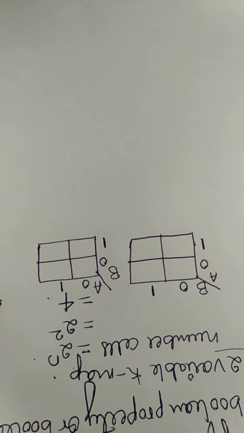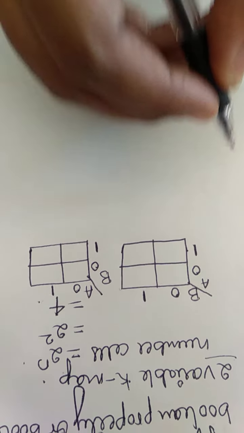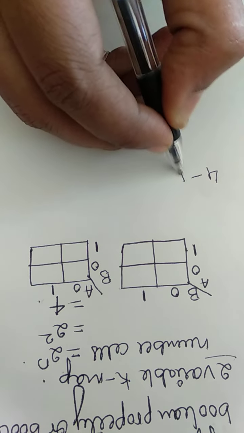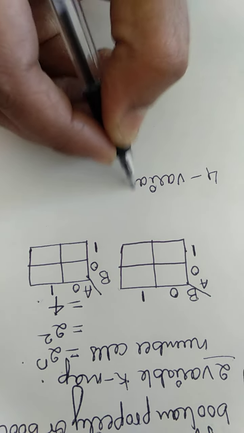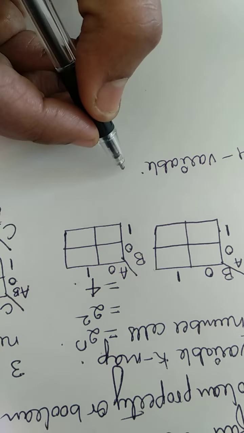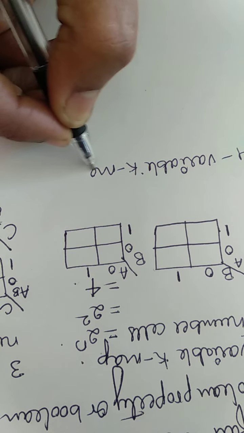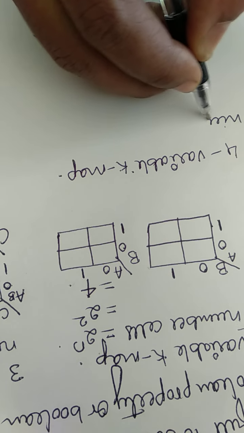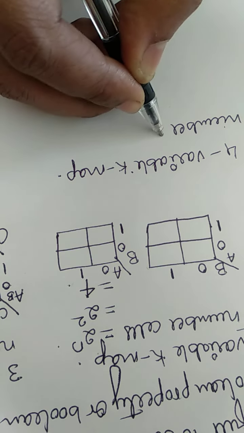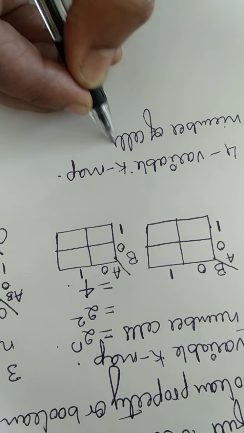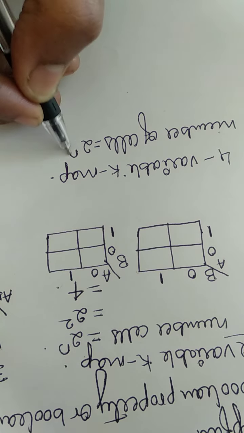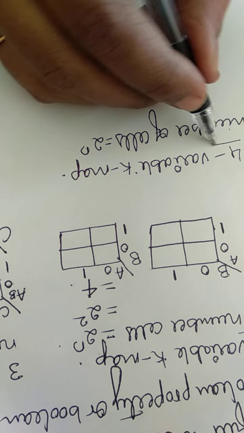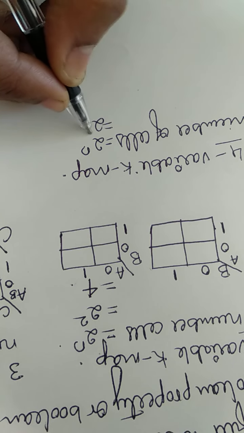Next is for 4 variable K-map. So the number of cells is equal to 2 raised to n. So n is 4, so that is 2 raised to 4.